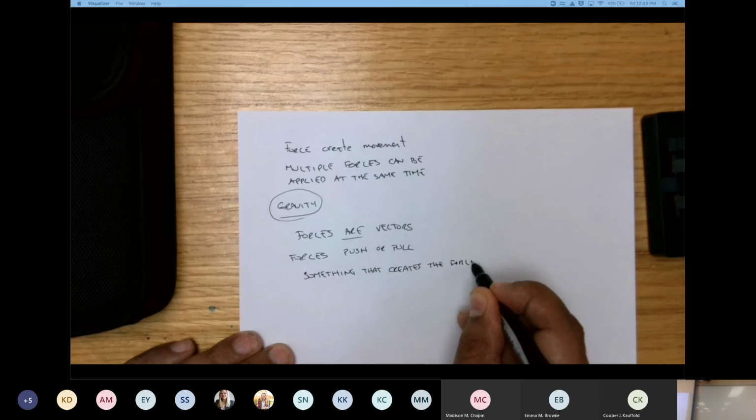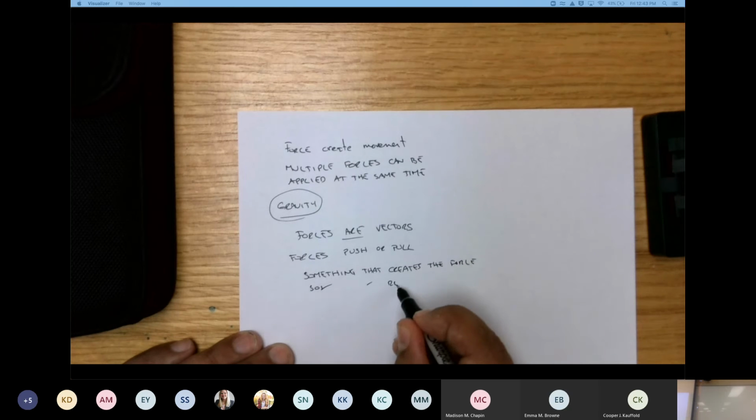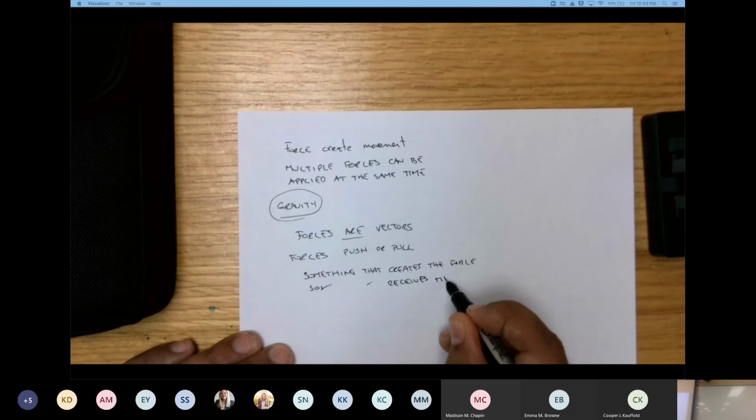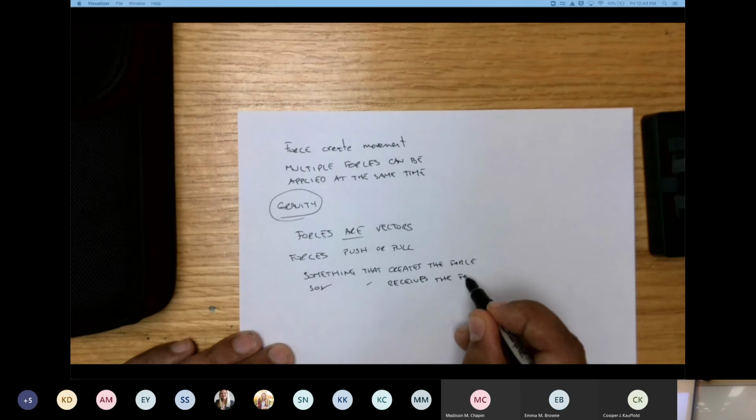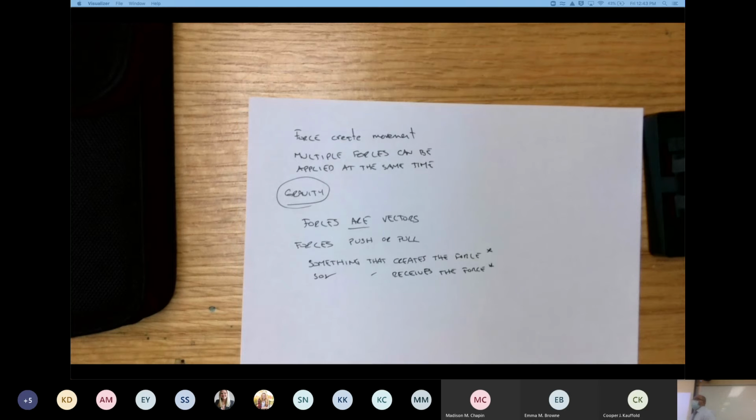And something that receives. And I'm going to put a kind of mark there. Forces are always going to be in pairs. So when I push the wall, the wall is pushing me.